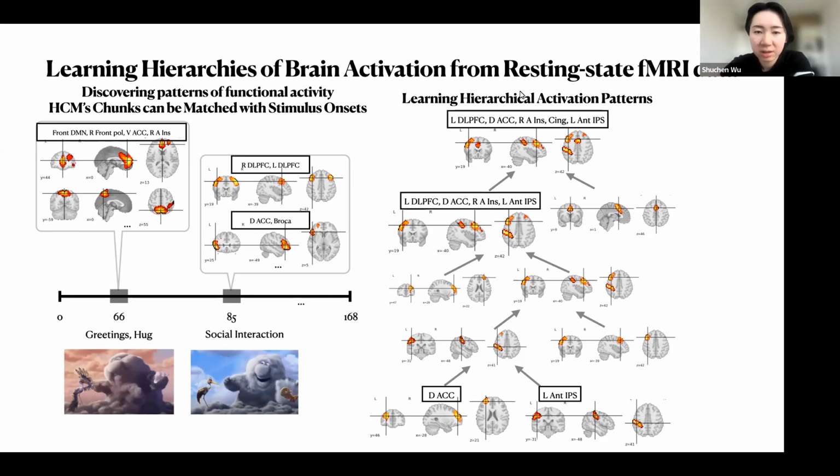Another interesting thing that HCM can tell you is the nested hierarchical structure that underlies co-activation of brain regions in this data set. Using the set of chunks, you can draw this nested hierarchical graph. For this example, we looked it up, and it corresponds to a network of activities.